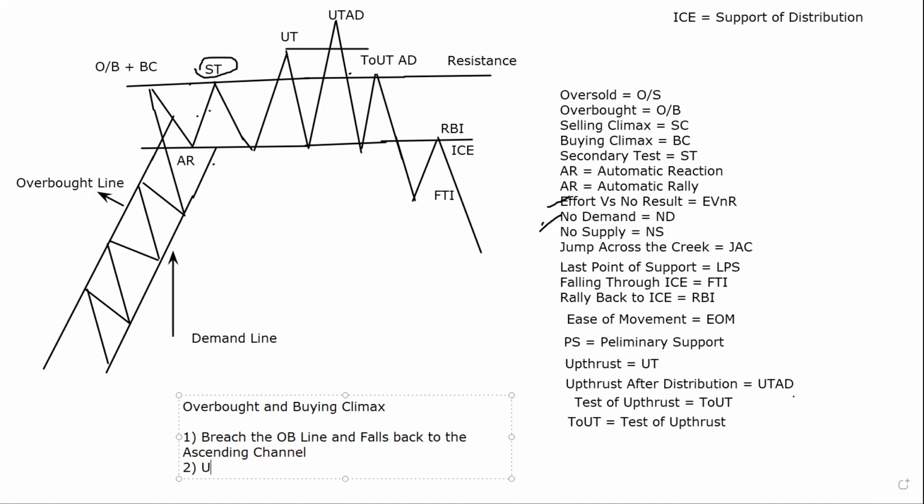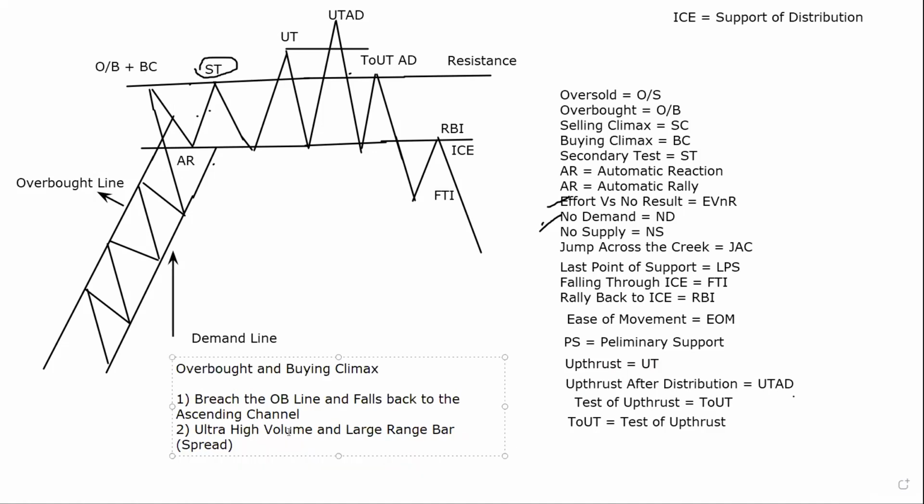Number two, ultra high volume and a large range bar or spread. The length of the bar will be large and the volume ultra high. What is the third and main characteristic here? These are the main things.